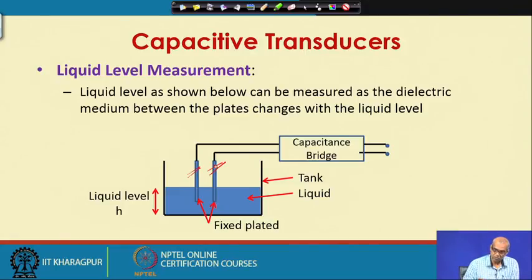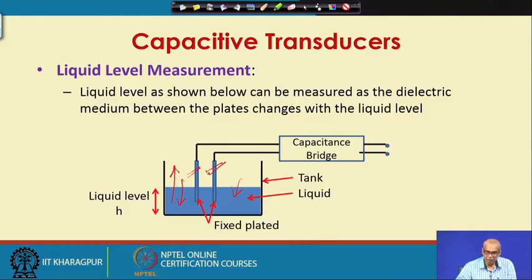Now, the liquid in the tank will change its level depending on the amount of the liquid in the tank. As the liquid level goes up or comes down, the dielectric medium between these two plates will increase or decrease.